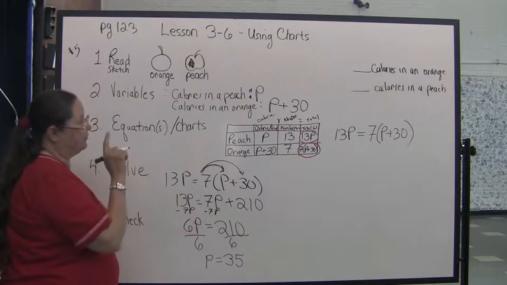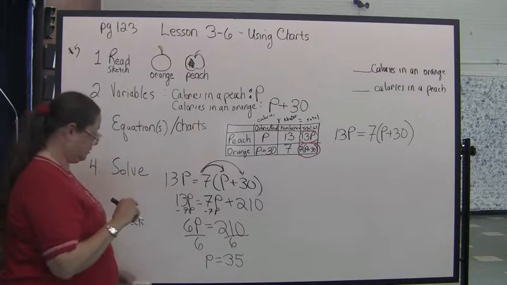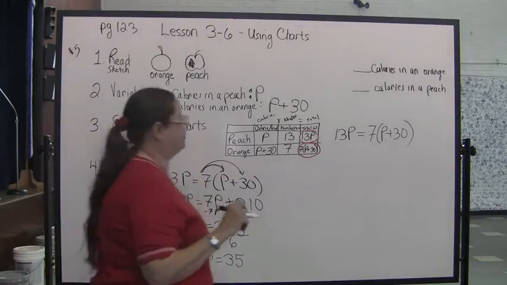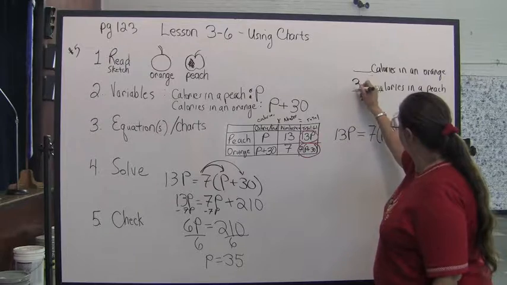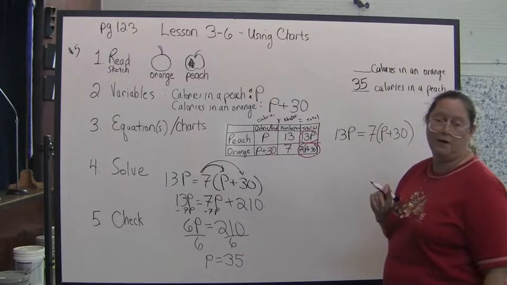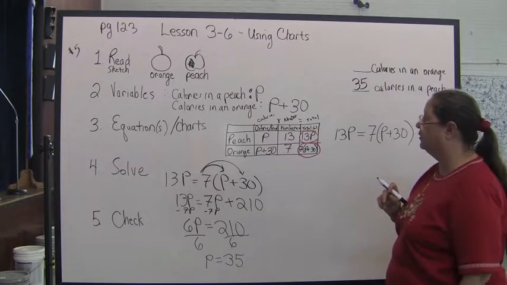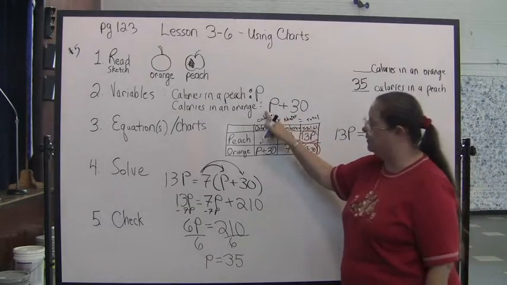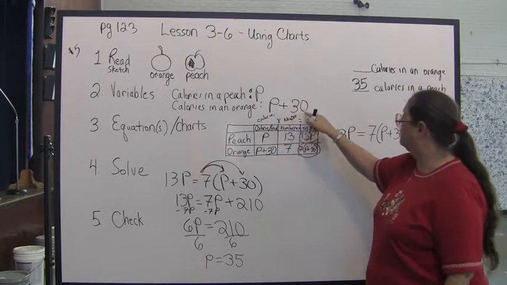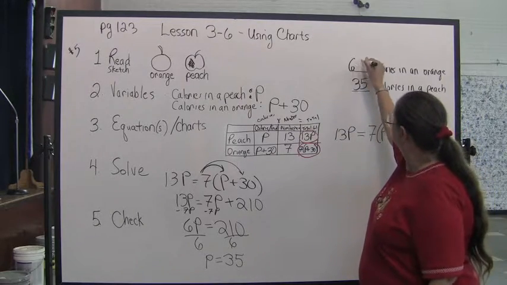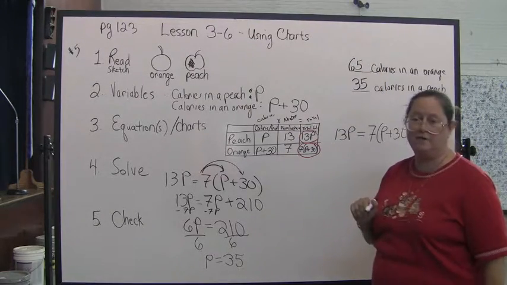Now I look over and see, what was my problem asking me for? Well, that's one of the things it was asking me for. I now know how many calories in a peach. I also need to find how many calories in an orange. Well, an orange was 30 calories more than my peach, so if I add 30 to that, I get 65.